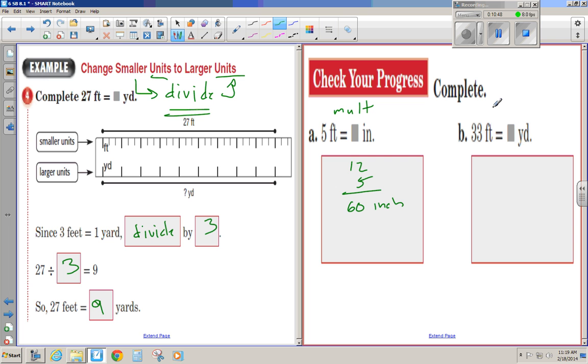Feet to yards, now we're getting from small units to a larger one, so we are going to divide. And you're going to divide by 3. So 33 divided by 3 is 11 yards.